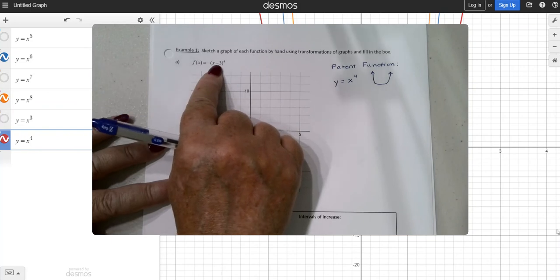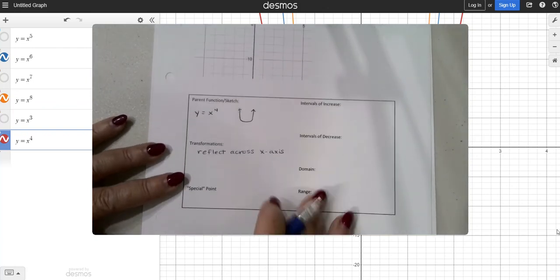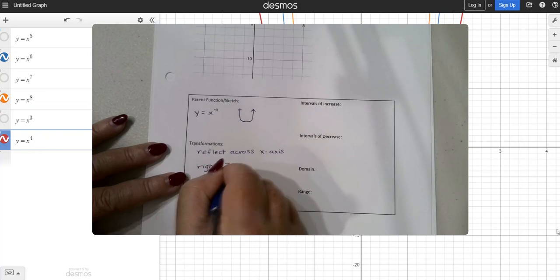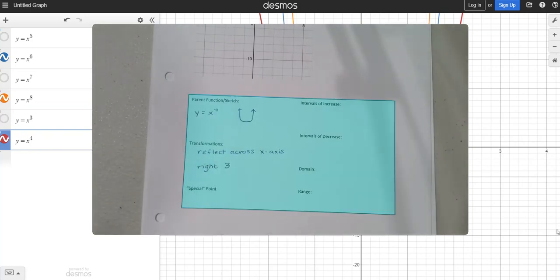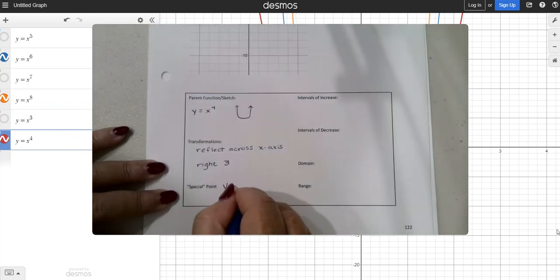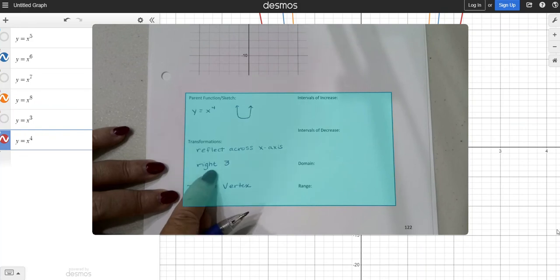So that's a horizontal shift. That would be to the right 3. So I'm going to think the special point on these is the vertex. And I'm going to go ahead and do the shifting, and then I'll write down what the vertex is in this particular case. So let's go right 3, reflect across the x-axis, and sketch.